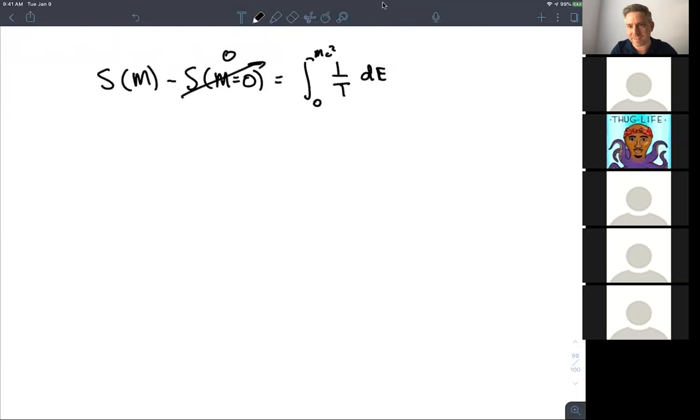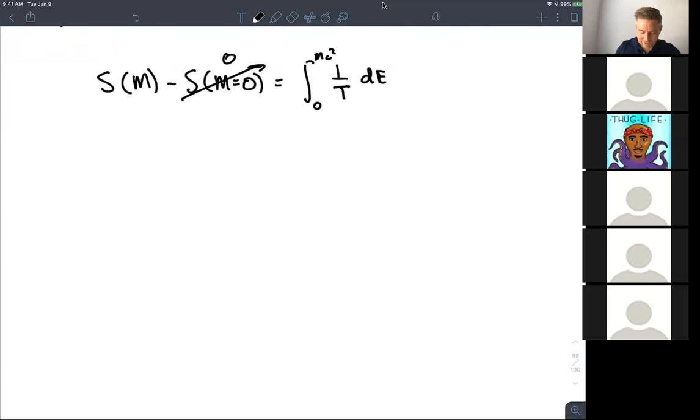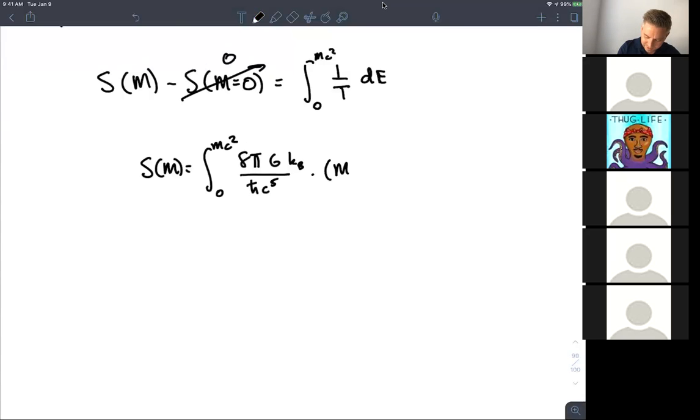We're going to say that that's 0 just because it makes sense. Now we just plug in our expression for the temperature. So we get that the entropy is equal to the integral from 0 to mc squared of 8 pi G kB over h bar c to the 5th times mc squared.